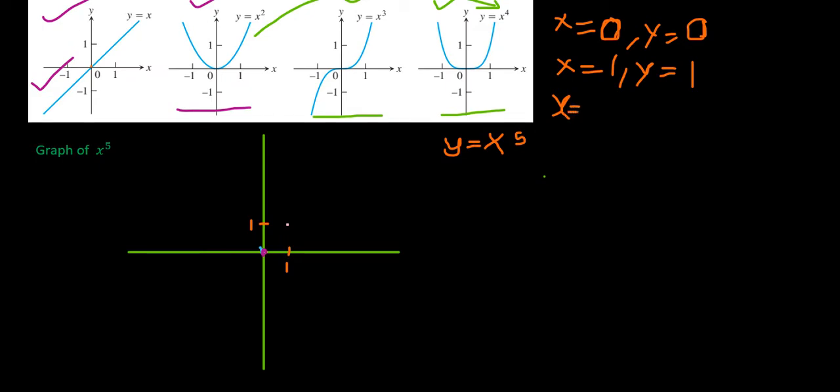Next, we are going to use the negative value of x, that is -1, and we put the value over here to check the value of y. It is -1 times -1 times -1 times -1 times -1, where the dot shows the multiplication sign.